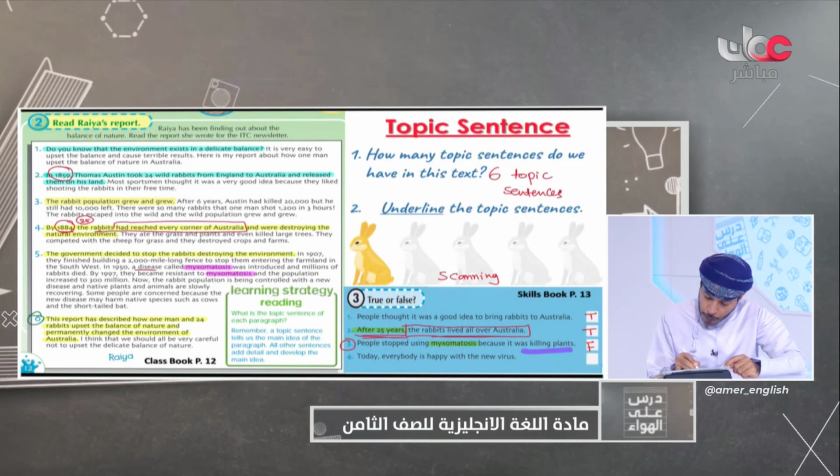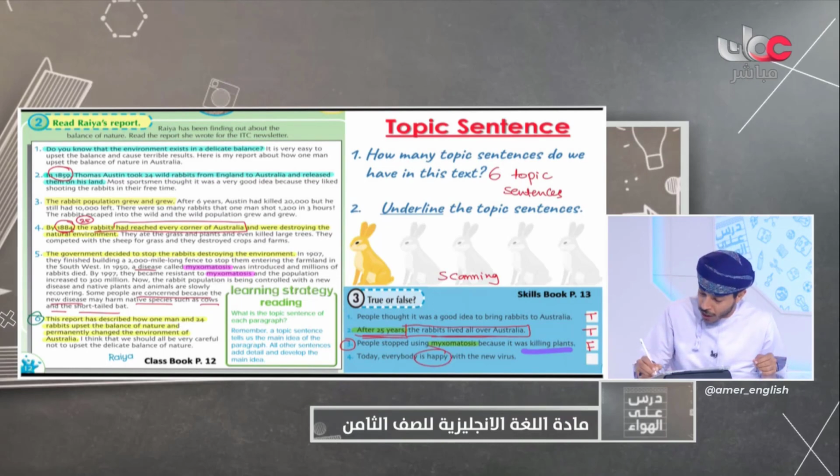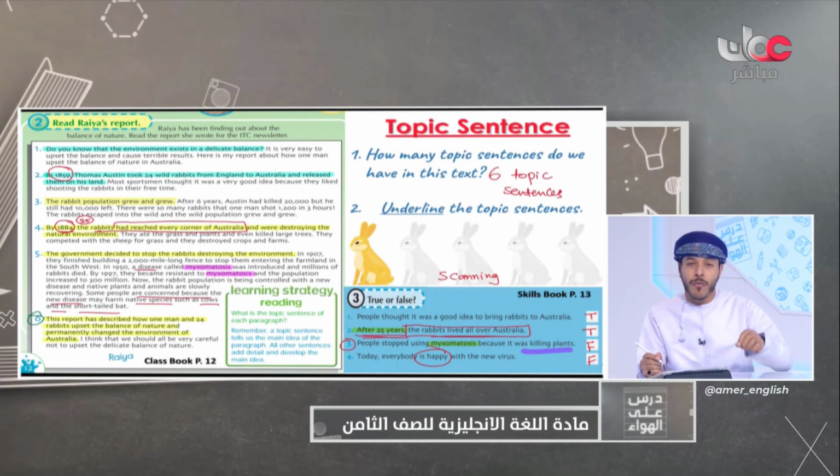So some people are concerned the new disease may harm native species such as cows and the short-tailed bass. So there are some concerned, okay? So they are not happy, and no one is happy, of course, about any virus. So the answer is false.